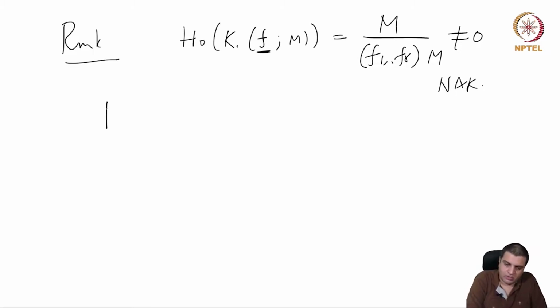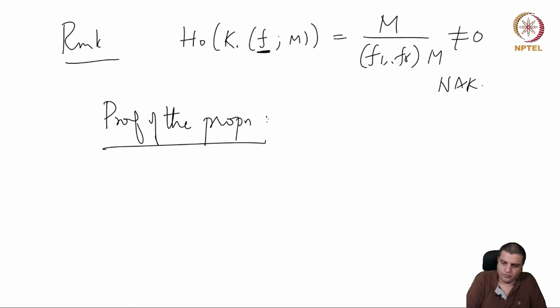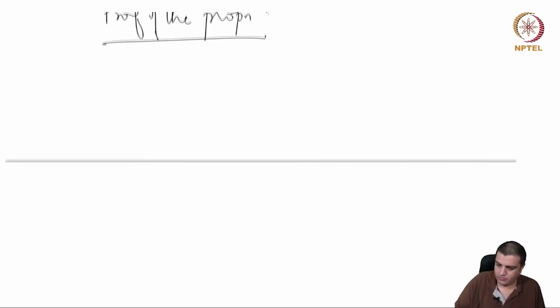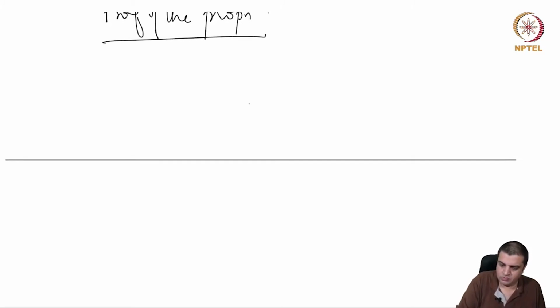Proof of the proposition. We have Hi of K of F1 through Fr on M. This is the cone.